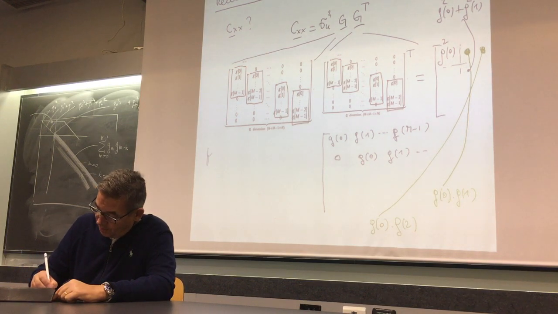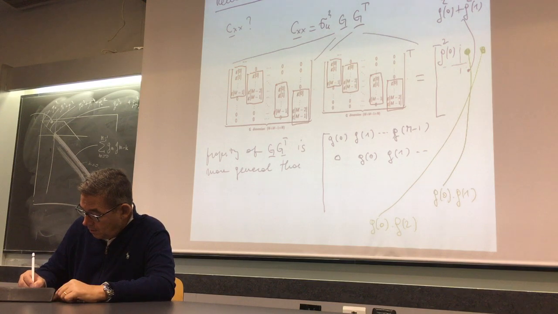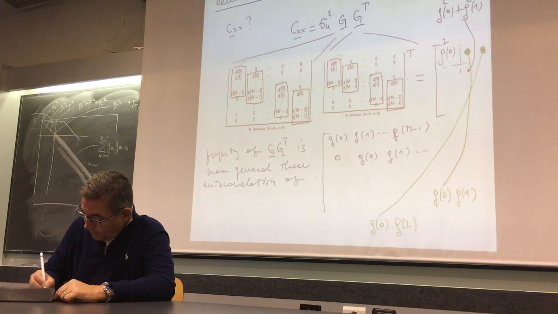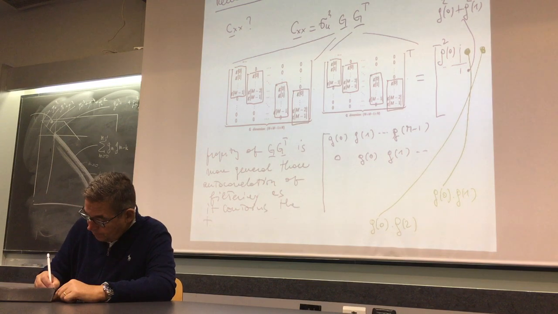The property of G transpose G is more general than the autocorrelation of filtering, as it contains the truncation effect.